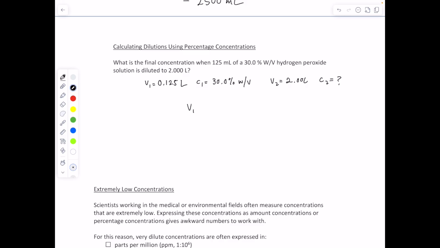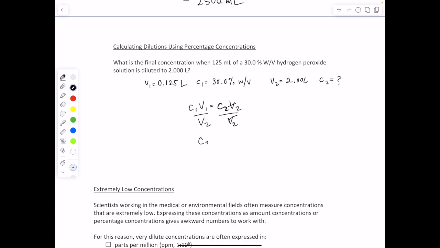So initial concentration times initial volume equals final concentration times final volume. We can solve for the final concentration, divide both sides by V2.